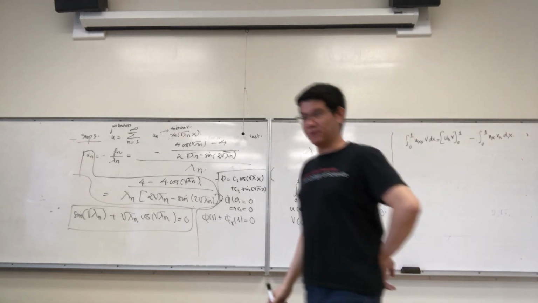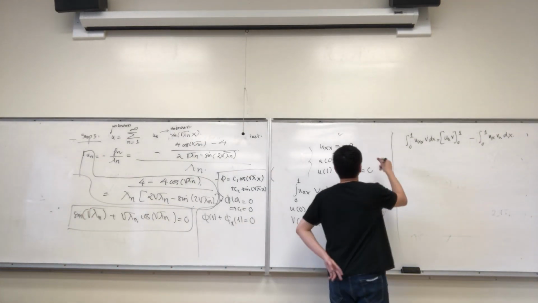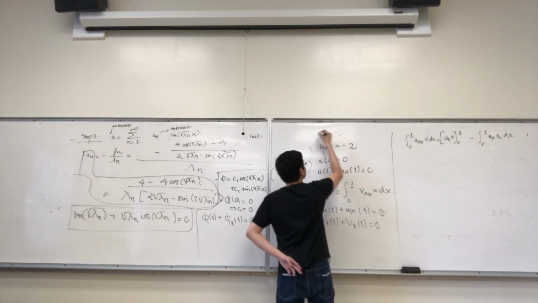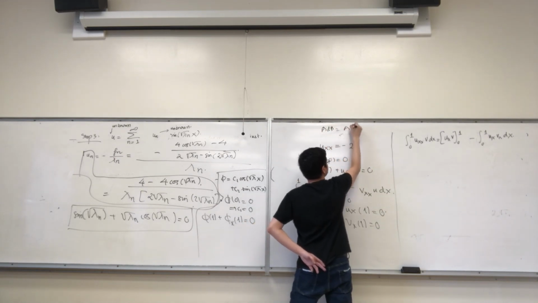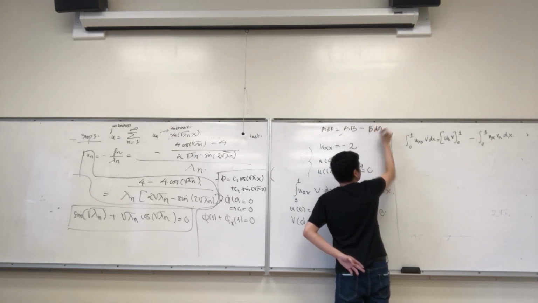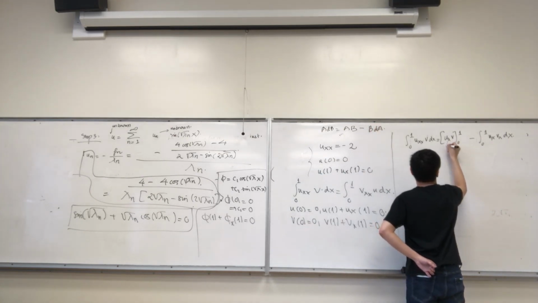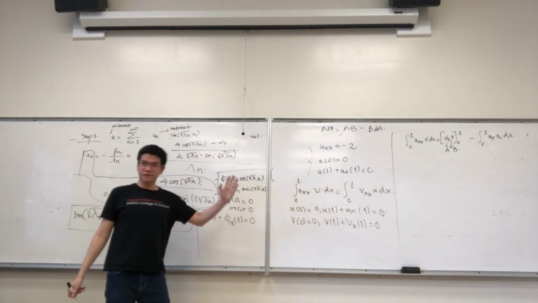So this is integration by parts. The formula that I'm using is a db = ab minus b da, right? So this is a, this is b, right? So this is integration by parts.